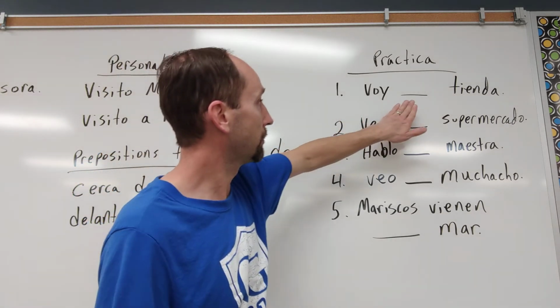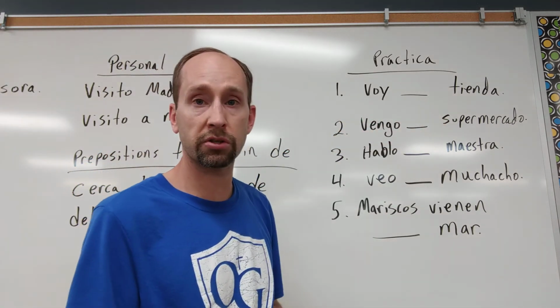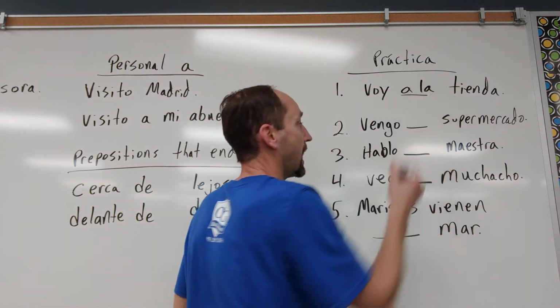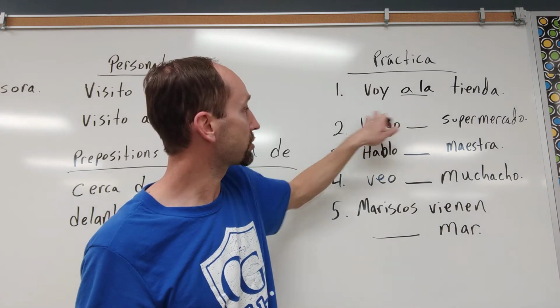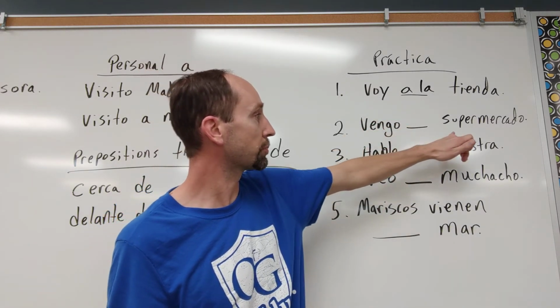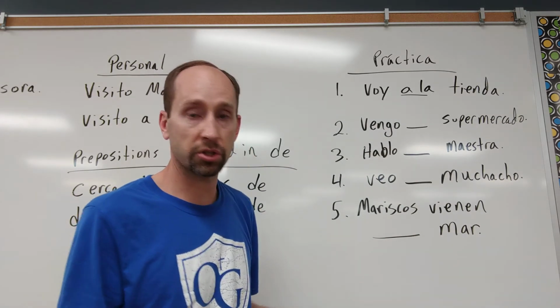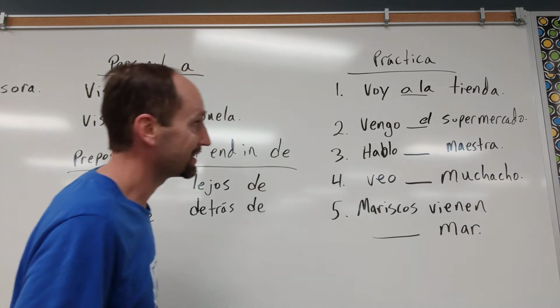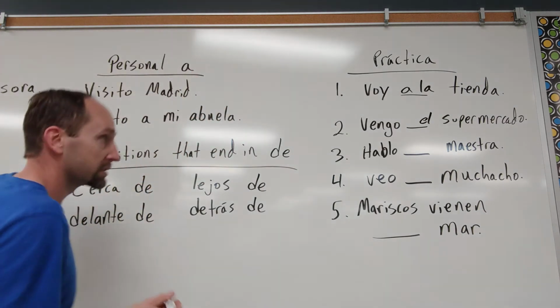So voy blank tienda, I want to say I go to the store. We know it's la tienda, and a would be to, so it would not contract. Voy a la tienda. Here I want to say I come from the supermarket. Okay, so it's el supermercado, and I come from is going to be de.